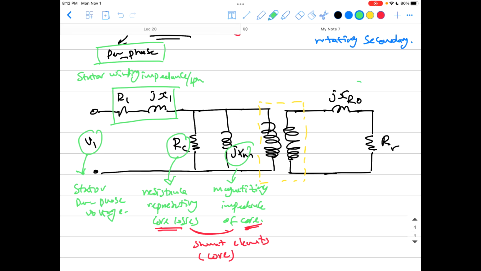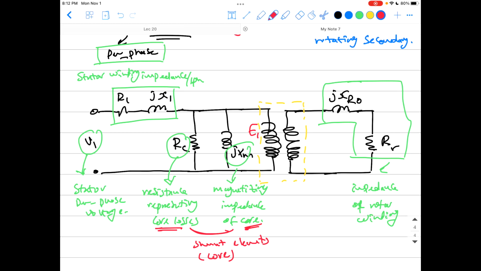So again those here, R and X, are the impedance of the rotor winding. And you have induced voltage just like the transformer, guys. So here I call this E1, which is the induced voltage at the primary winding of the transformer. So this is your transformer representation.